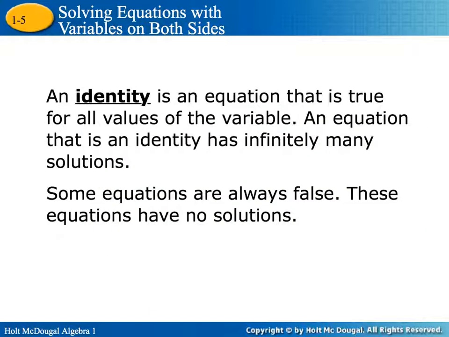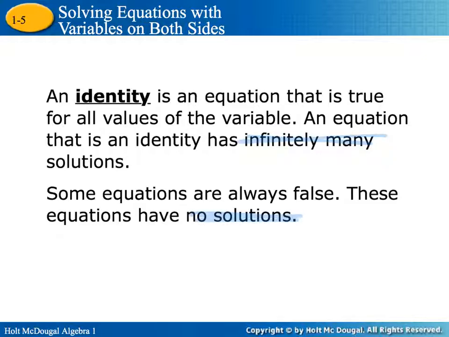All right, now we're going to talk about an identity. And an identity is an equation that's true for all values of the variable. Okay, an equation that's an identity has infinitely many solutions. Okay, some equations are always false and they would have no solution. So what's going to happen for these two situations when it's going to be infinitely many or no solution?